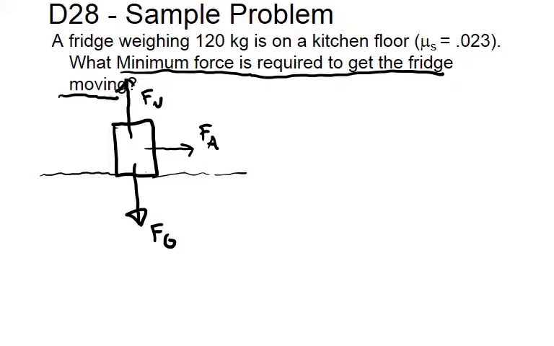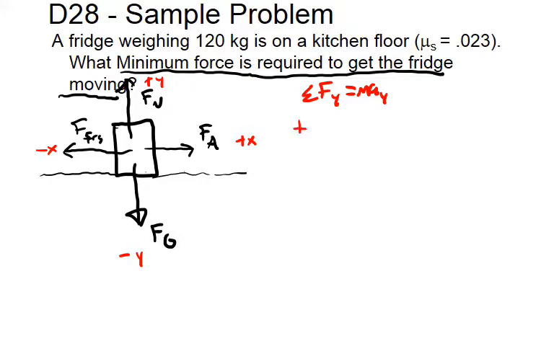And once we know that, we'll know that we've exceeded it, and it's going to start to move. So once we draw the free body diagram, we can set up negative y, positive x, negative x, and establish our sum of the forces in the y equals ma in the y.